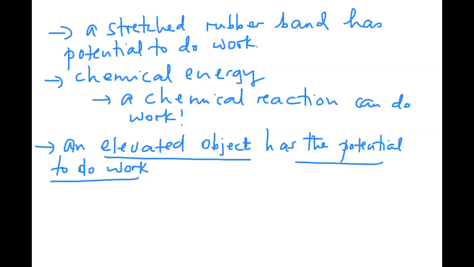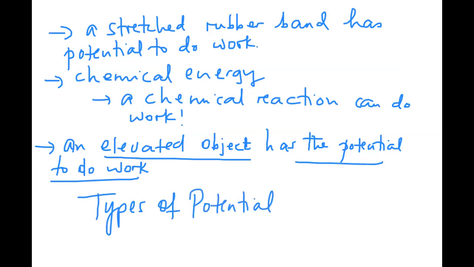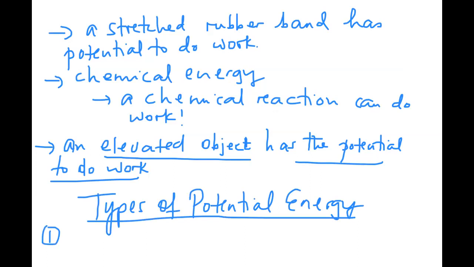Now, in general, we have types of potential energy. Number one, we talked about elastic potential energy: a bow, a rubber band, a compressed spring are elastic potential energy examples.